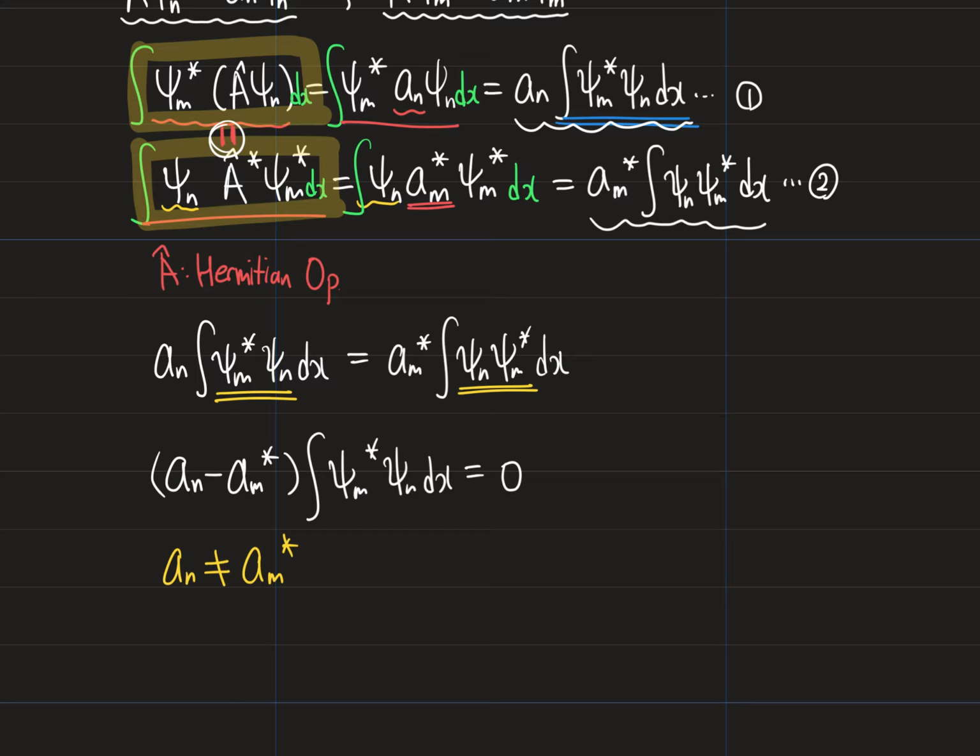So there is only one way to satisfy this equation. In this equation, the integral should become 0. So this is the exact definition of the orthogonality between two functions, psi m and psi n.